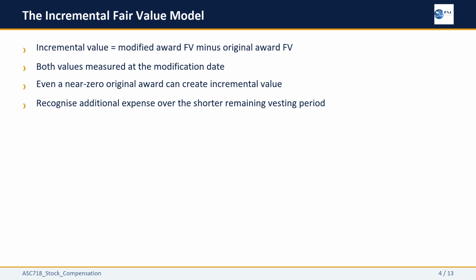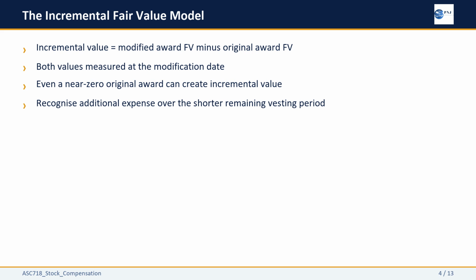The incremental fair value model is the core measurement tool for modification accounting. You calculate the fair value of the modified award and subtract the fair value of the original award, with both measurements taken at the modification date. This is important. You do not use the original grant date fair value of the old award.